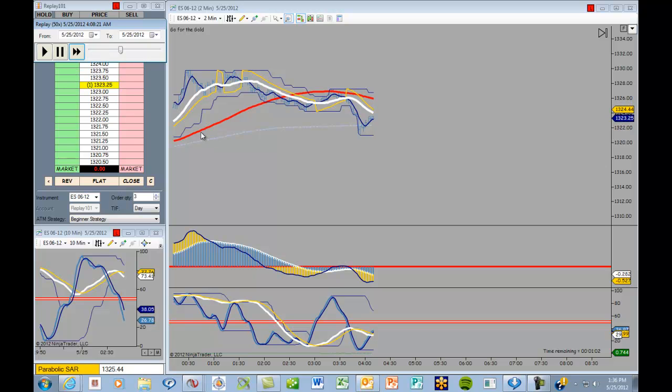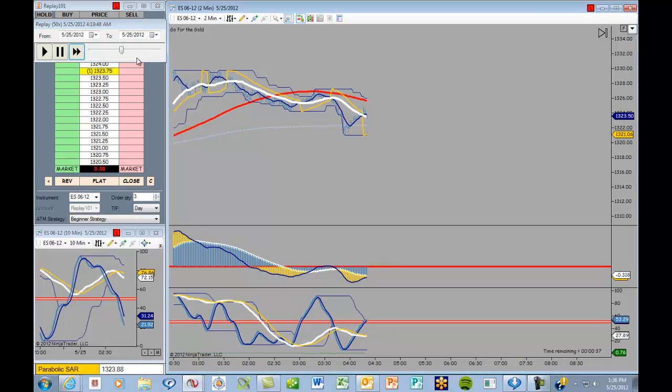Now, as you can see on the 2-minute chart, our red moving average has just peaked and is starting down. The white moving average is already underneath it, so it's starting to look like essentially a bearish day.